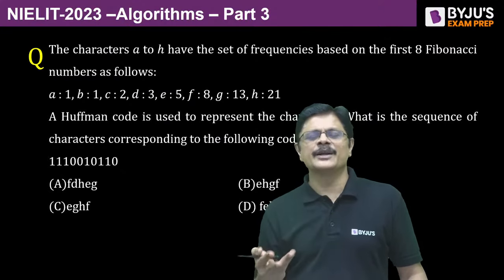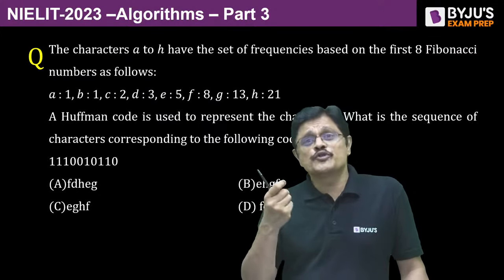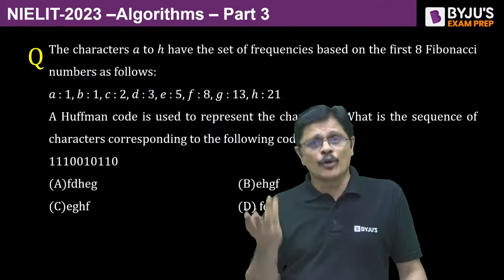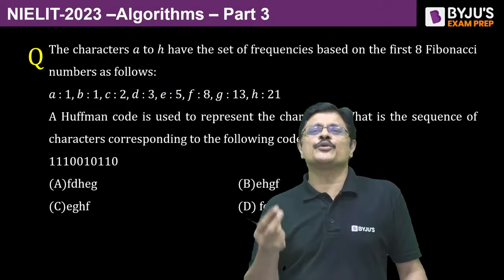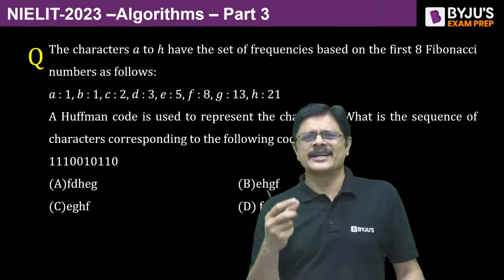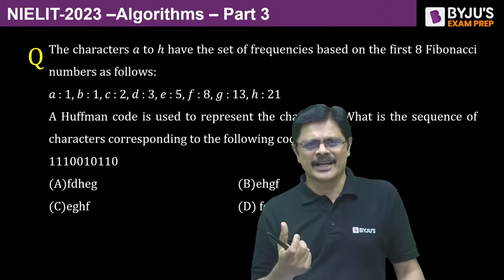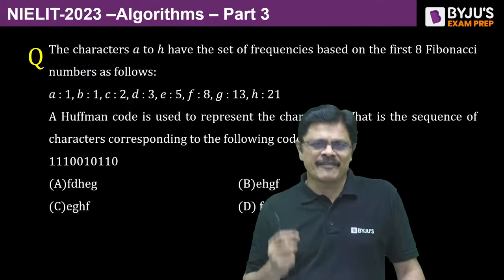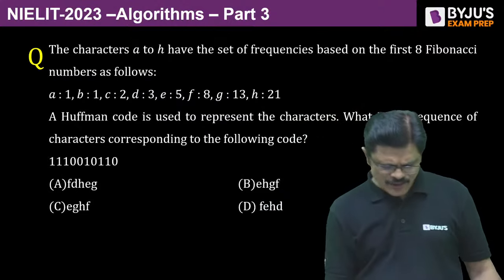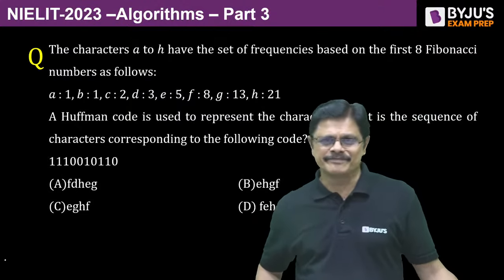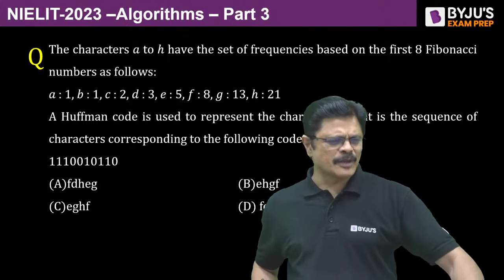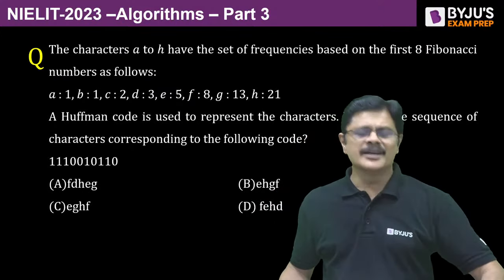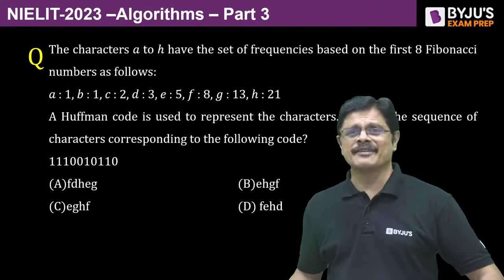As it is, if you send, it may take more time, and if you use a fixed length code, it will take more space. So to reduce the space, Huffman coding is a compression algorithm. It will compress the data very efficiently, so we call it a lossless data compression algorithm. Am I clear?